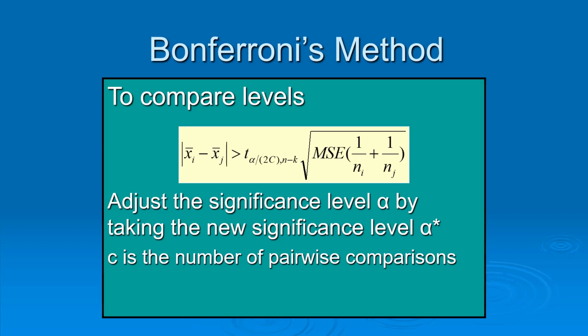So each test is done at the alpha divided by k level, where k is the number of possible pairs. Then you get the mean of each group and the MSE. Apply those numbers with the sample sizes of the 2 populations to the formula. You will get the t-value.